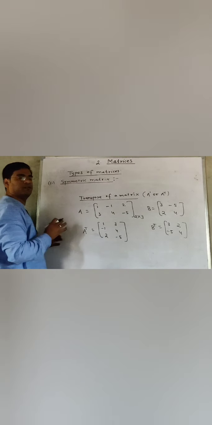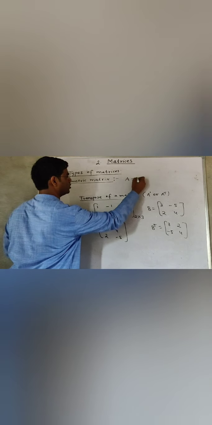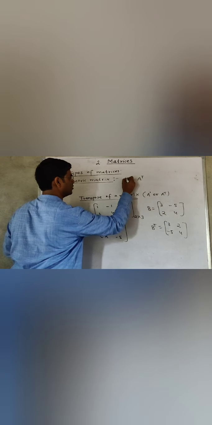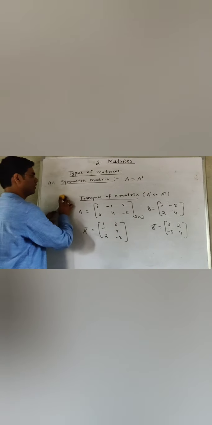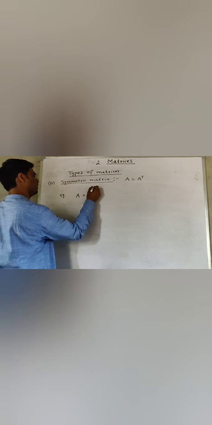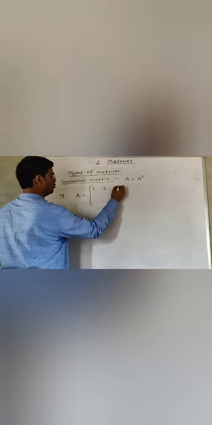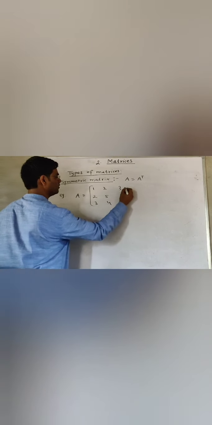A symmetric matrix is a type of square matrix in which A equal to A transpose. A matrix in which A equal to A transpose is known as a symmetric matrix. For example, let us take a matrix of order 3 by 3: 1, 2, 3, 2, 5, 4, 3, 4, 7.